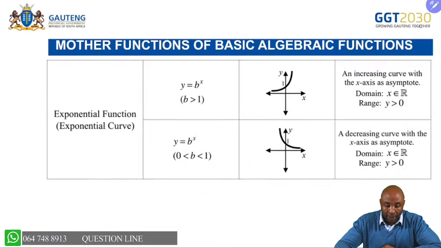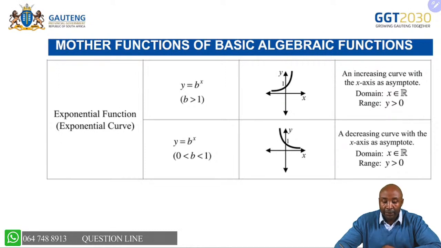We move on now to our exponential function. Here we are using exponents and our x is on the exponent and our b becomes our base. Now, when you look at our exponential function, we can have a base as a whole number or a fraction which is greater than 1.